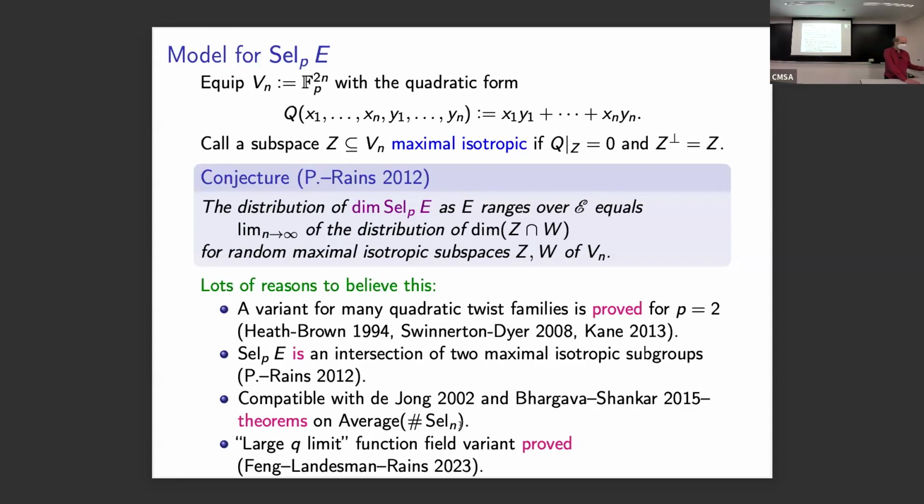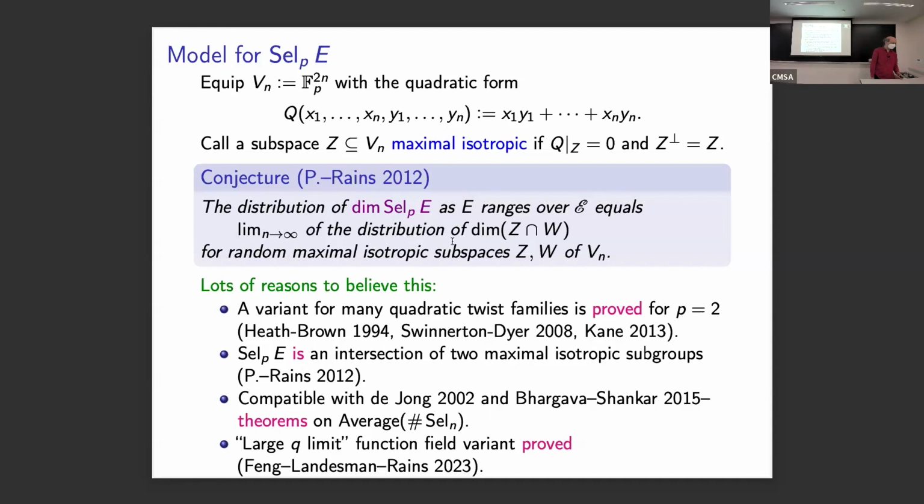Bhargava and Shankar proved that the average size of the 2-Selmer group was 3. If you do this maximal isotropic subgroup spaces, you can compute what this predicts the average should be, and we also get 3.